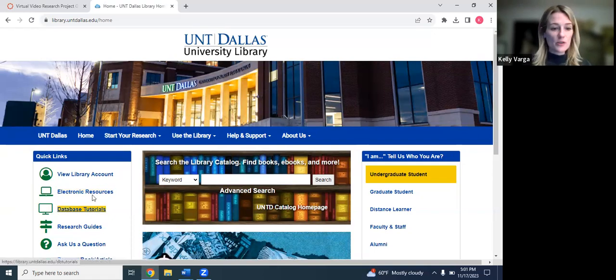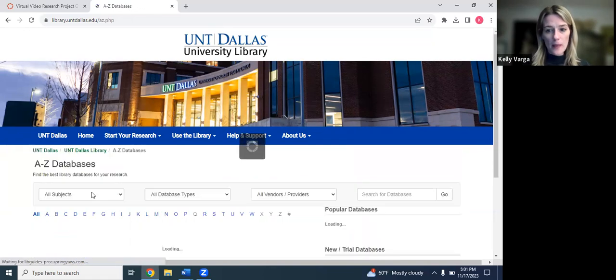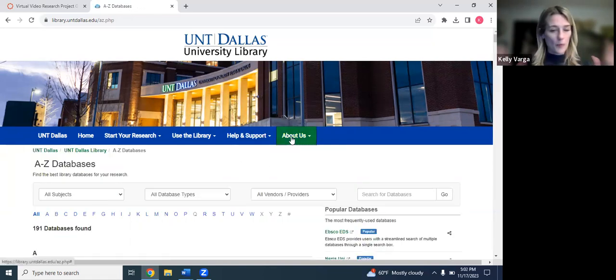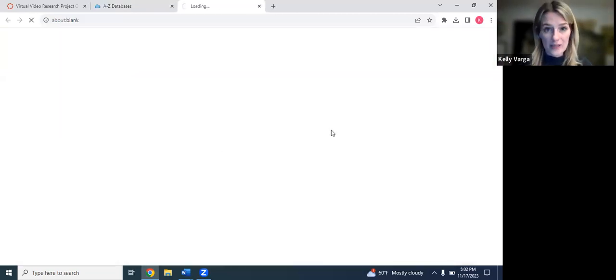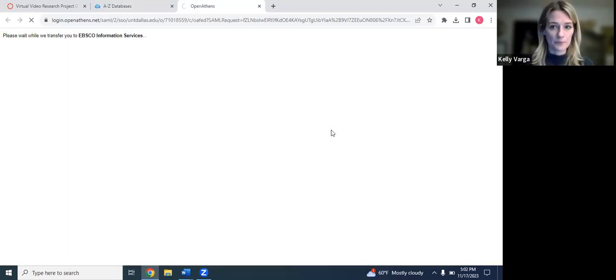My biggest piece of advice, go to electronic resources. When you click on that, it's going to open up a bunch of different things. It's okay. My biggest piece of advice would be to just click on EBSCOhost. It's the first one. It's a wide database that should give you a lot of pertinent information, and we can whittle it down to our peer review. I'm going to make sure it's really easy for you.